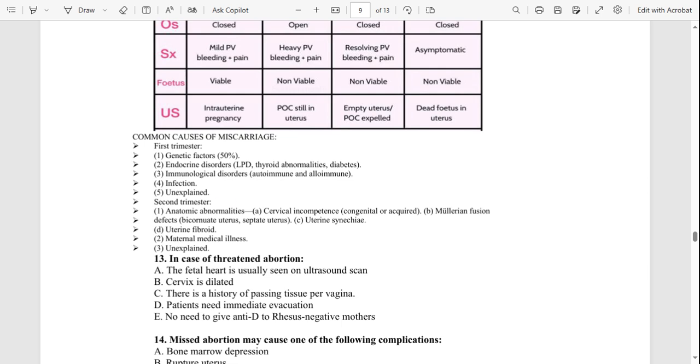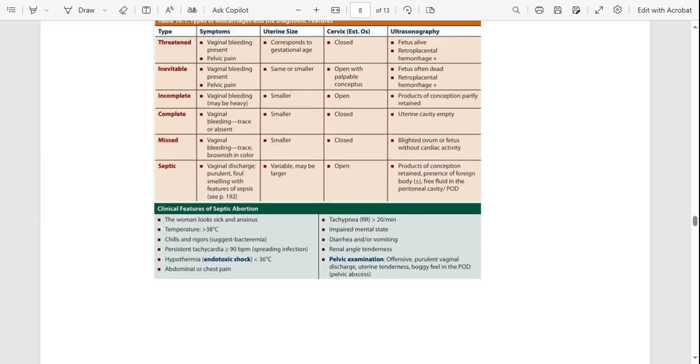In the second trimester, the problems causing abortion are anatomical anomalies, for example cervical incompetence, which can be congenital or acquired, and Mullerian fusion defects, for example a bicornuate uterus or septate uterus. Then uterine synechiae, uterine fibroids, maternal medical illnesses, and some other unexplained conditions. Those are second trimester problems.